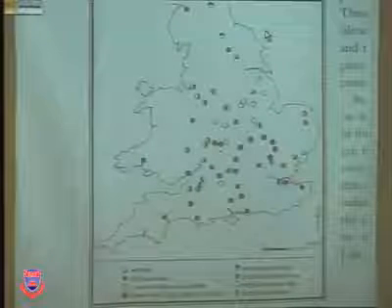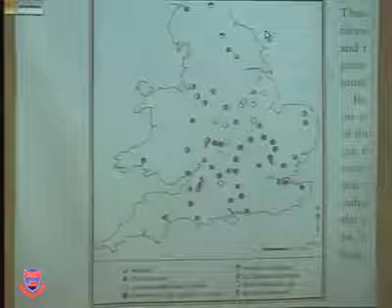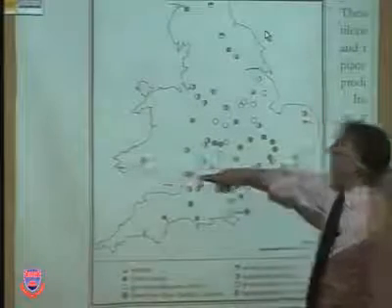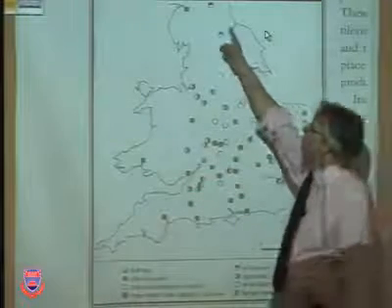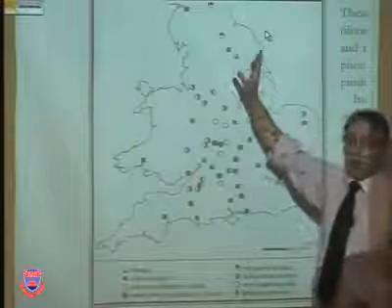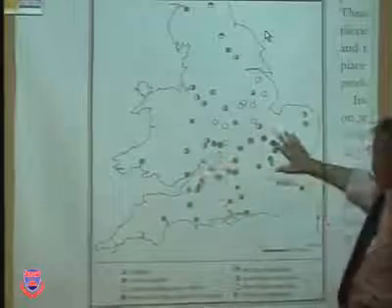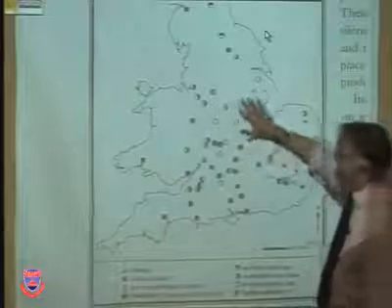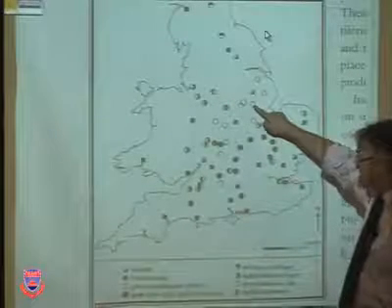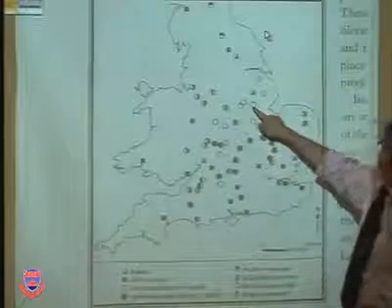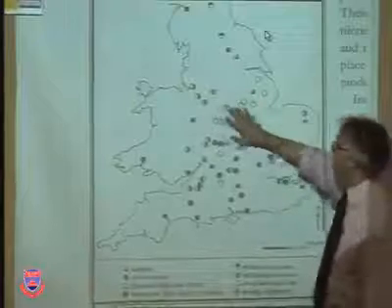Overall, look at Wales. It doesn't have anything apart from a couple of sites in the south, and the northern part of England is definitely much thinner up there. The bigger concentration is here, with a reasonable amount of sites here, but a lot of these are defended sites rather than commercial ones.